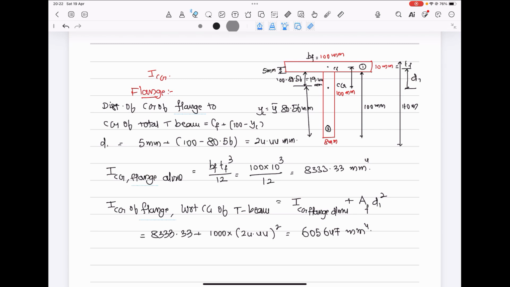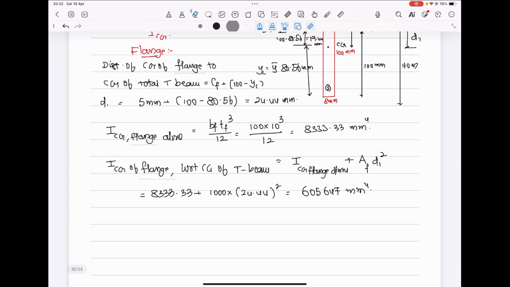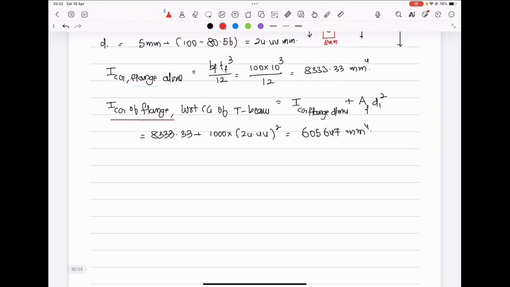Now, ICG of the flange is done. Now, we will go for ICG of web. Here, we will write ICG of web.